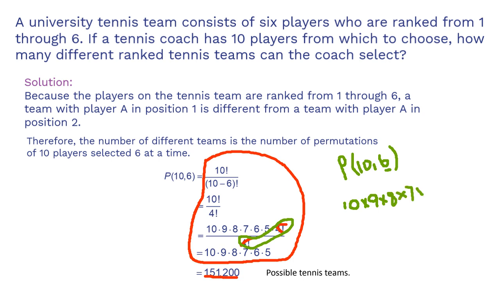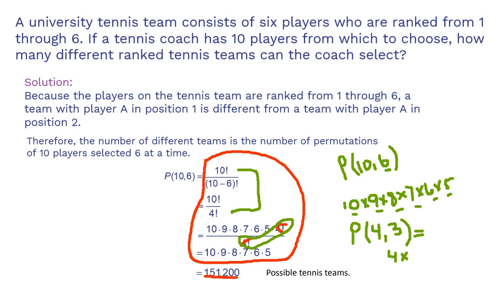You notice that's 1, 2, 3, 4, 5, 6. That would save you some time from doing all of this. But if you need to make sure you use the formula, then you can still do the formula. But if you had something like, let's say, P of 4 and 3, then here we would end up with 4 times 3 times 2, 24. Okay, so that's just one way to do those permutations.